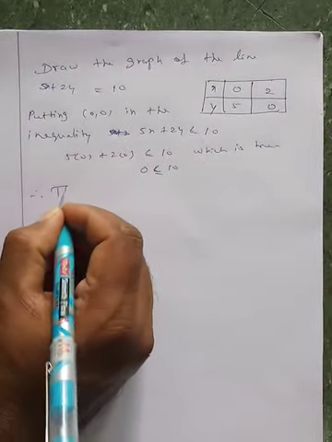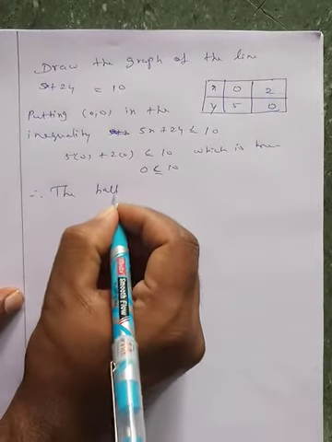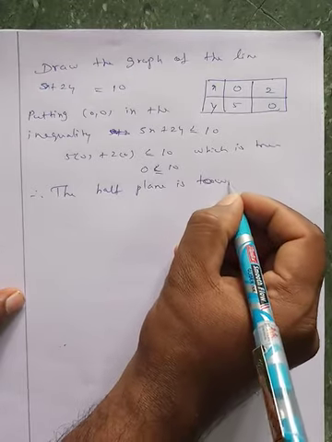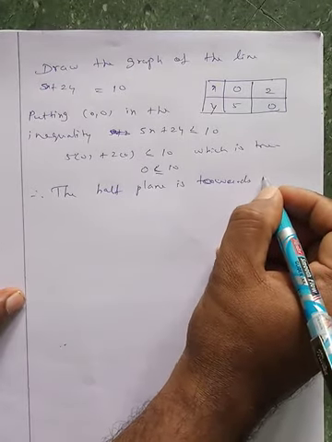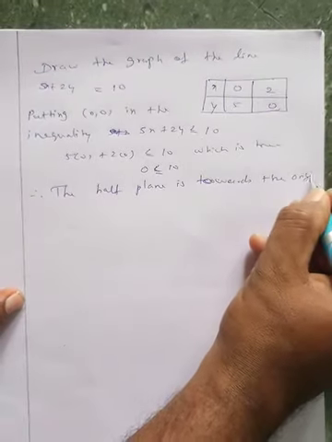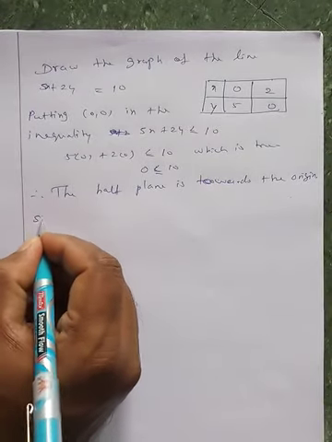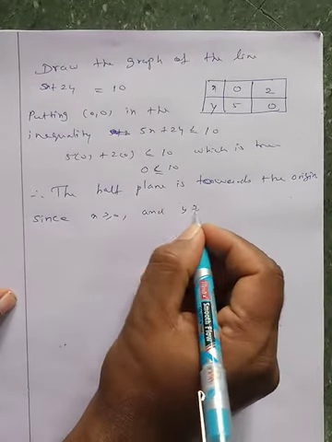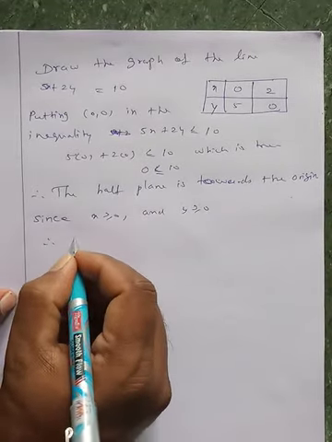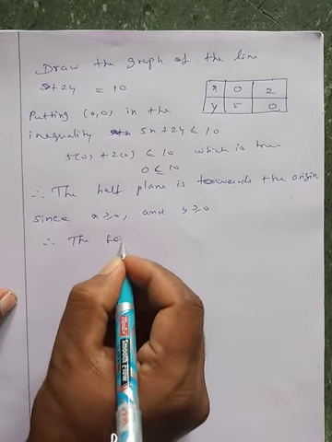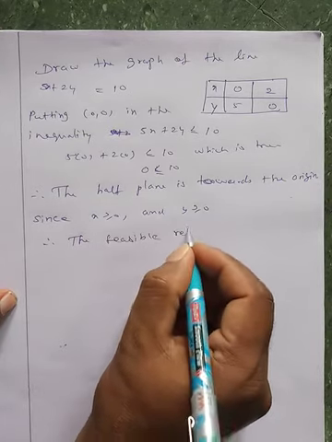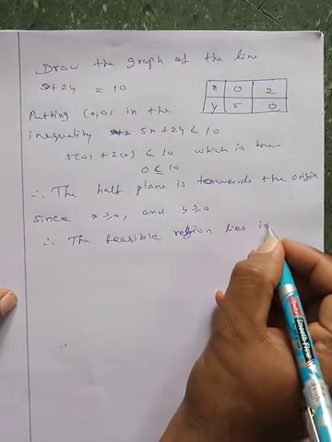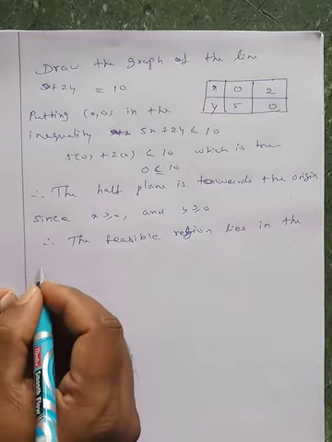Therefore, the half plane is towards the origin. Next, since x greater than or equal to 0 and y greater than or equal to 0, the feasible region lies in the first quadrant.